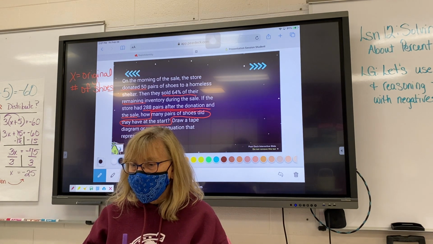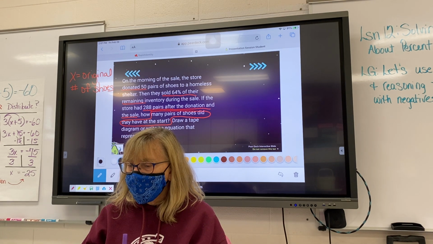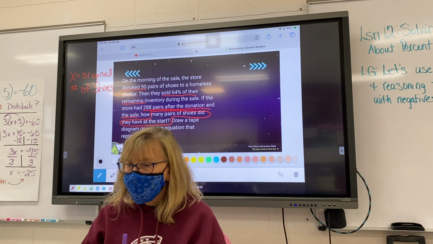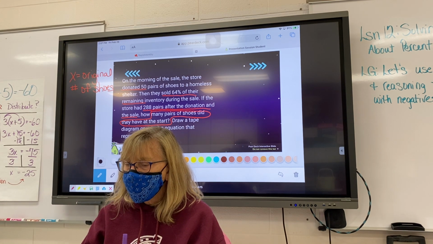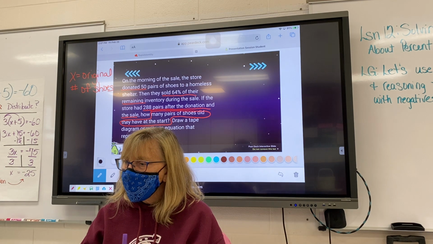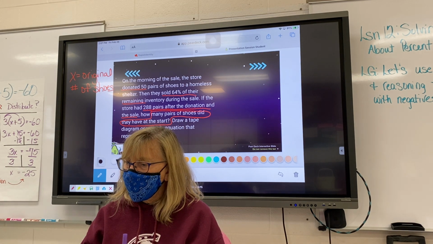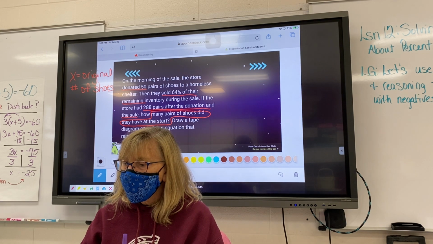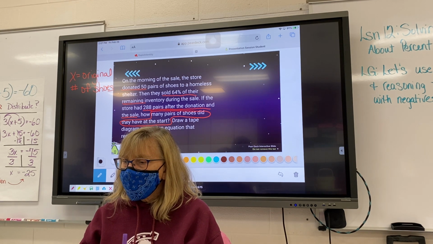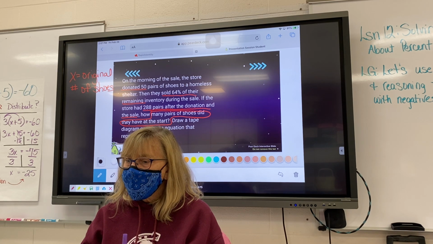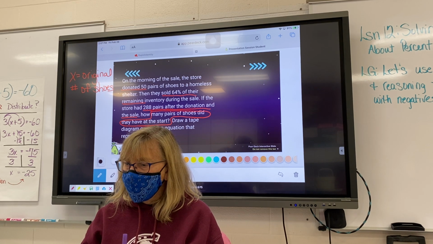Let's see what you're drawing for me. Looks like we're trying the whole tape diagram thing. Good. Looks like we got an equation started. Some of you have underlined and highlighted.